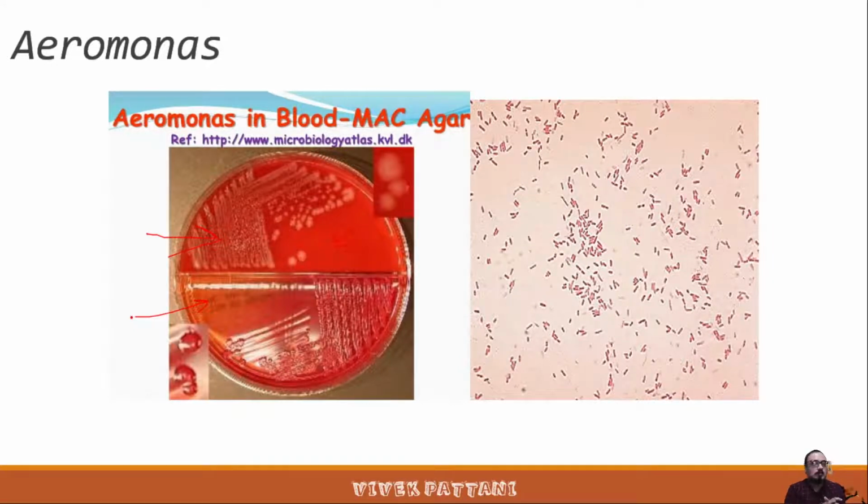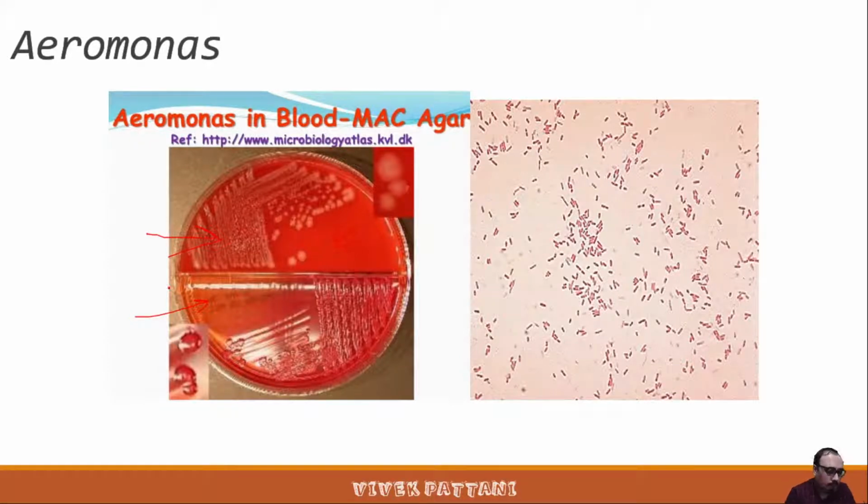Why should blood agar be used? Because it contains some specific components which may enhance the growth of a particular bacterium. This is how blood agar works. Chocolate agar also contains blood, but why it is brown in color, you will study in your practicals in semester 3, from whichever faculty is going to teach you.